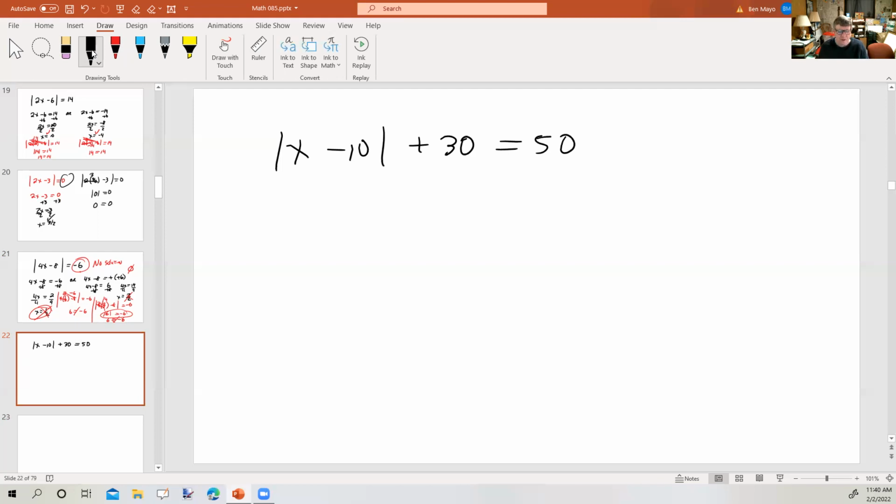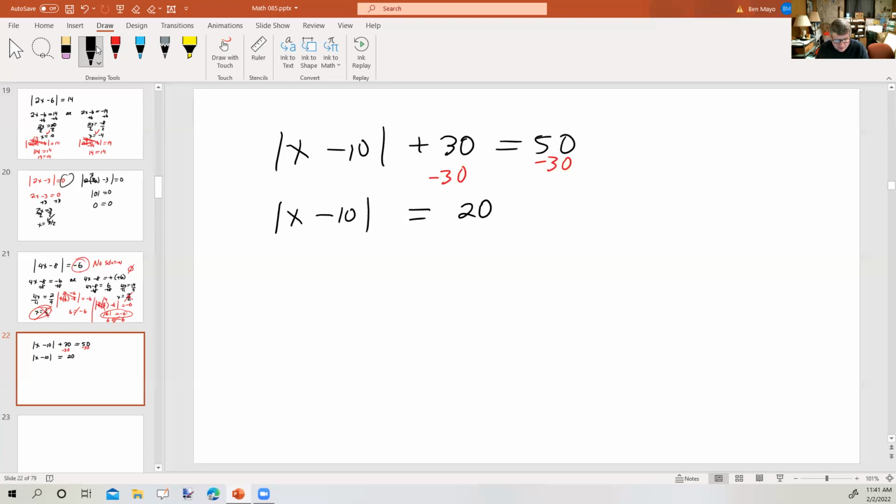Well, your first goal is to isolate the absolute value expression, and then consider splitting it up into two possibilities. So my first move here is going to be to subtract 30 from both sides of the equation. So then I get the absolute value of x minus 10 equals 20.